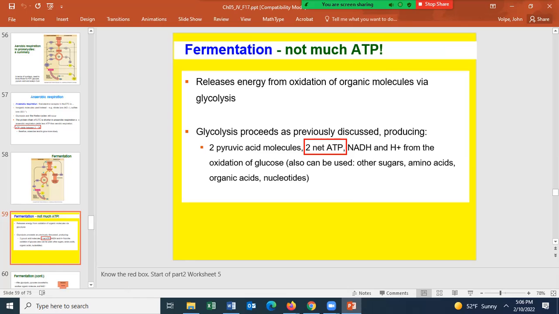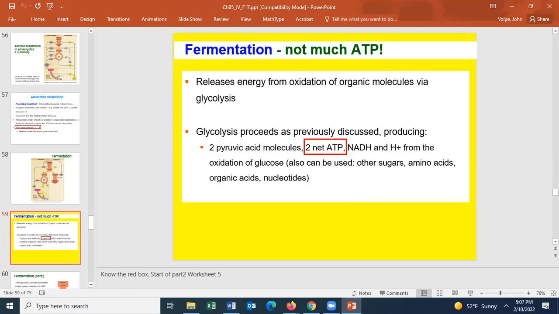So we're going to talk about fermentation. And fermentation does generate ATP, but it does not generate much ATP. It releases energy from the oxidation of organic molecules, mainly glucose. And this generation of ATP is always generated by glycolysis.